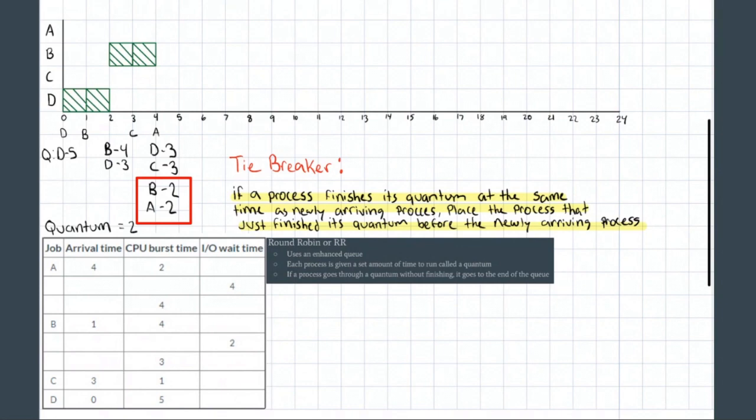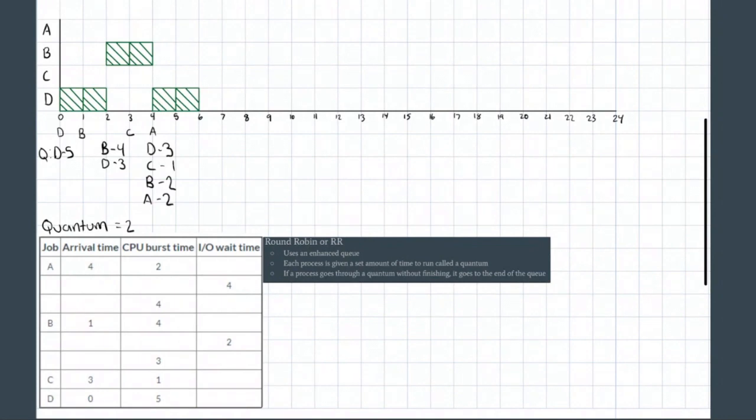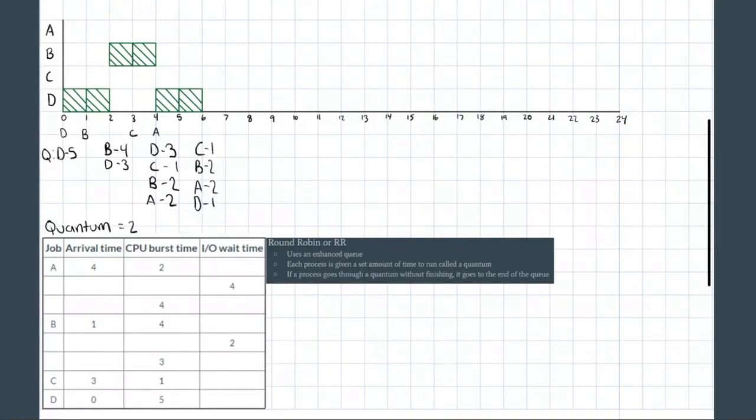And so from this, we can see that the process that will go next is D.